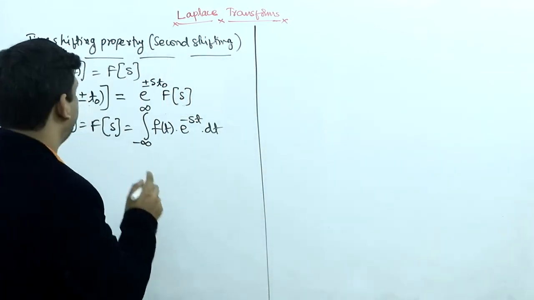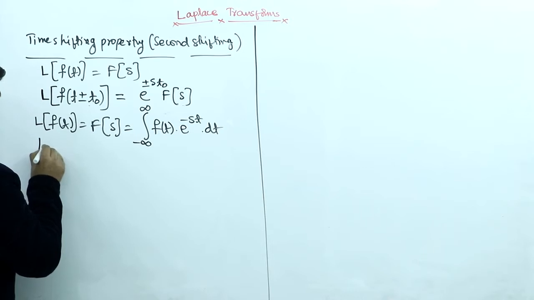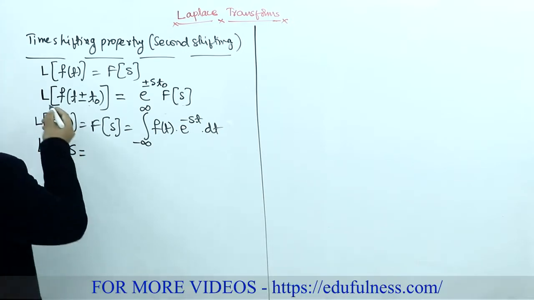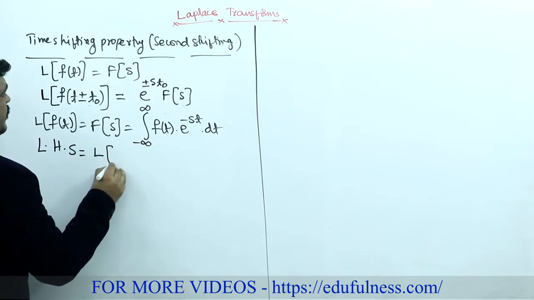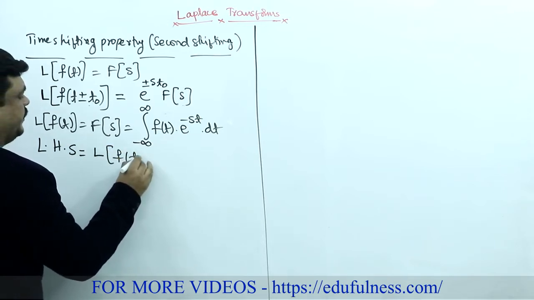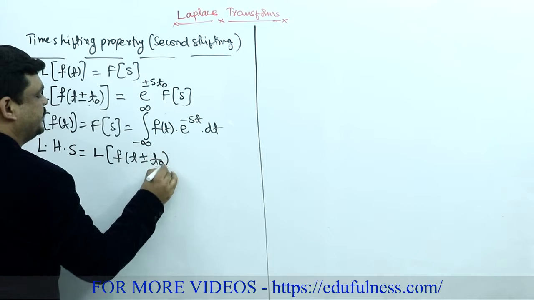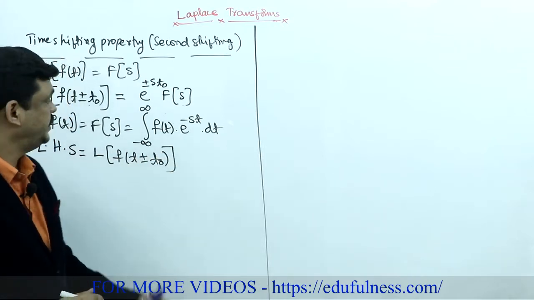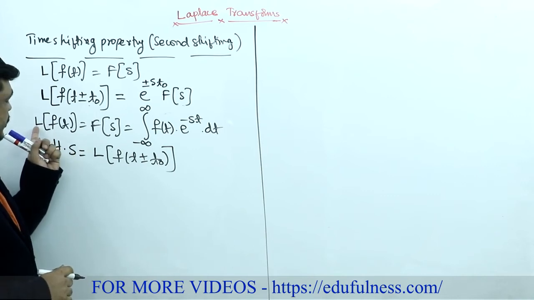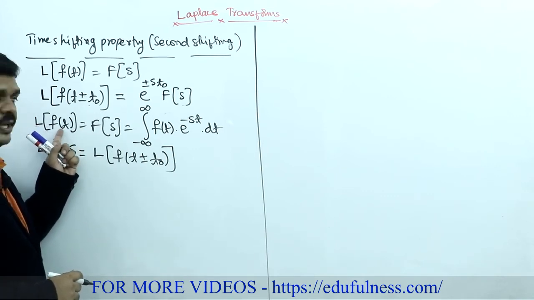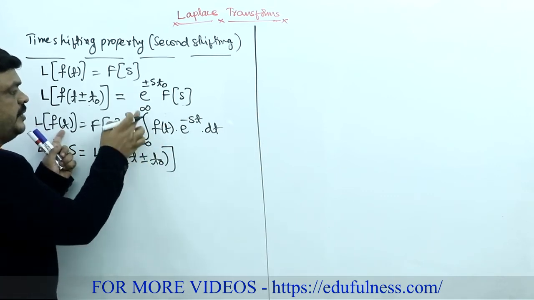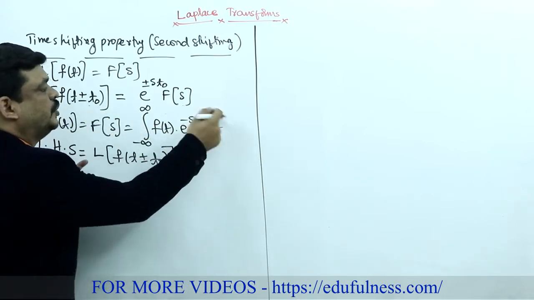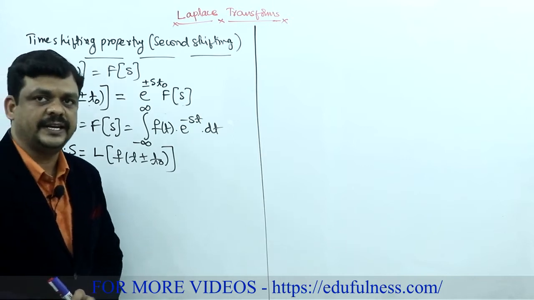To prove that, first of all I am taking the LHS equation, the left hand side equation. Here the LHS is Laplace transform of f of t plus or minus t naught. Now we have to write the Laplace transform of this function. Laplace transform of f of t is the integration from minus infinity to plus infinity of the function into e to the power of minus st dt.